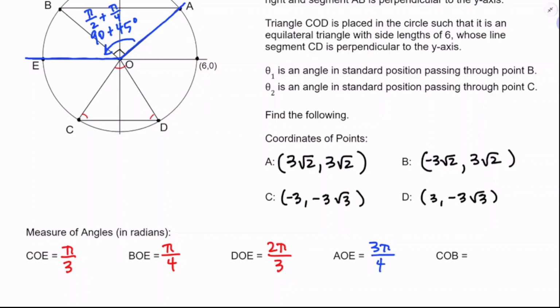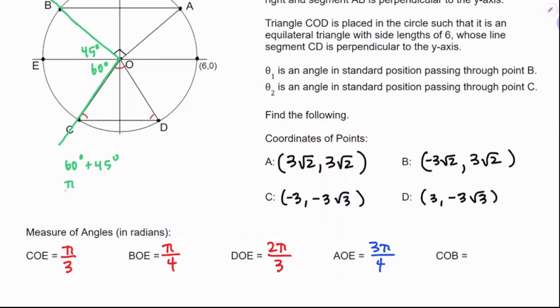Then C to O to B. Ooh, I like this one. This one's interesting. COE, that was 60 degrees we determined earlier. And EOB is 45 degrees. I know how to add 60 to 45, but I'm going to write it out like this so that we can convert to radians, because I don't know how to convert 105 to radians.